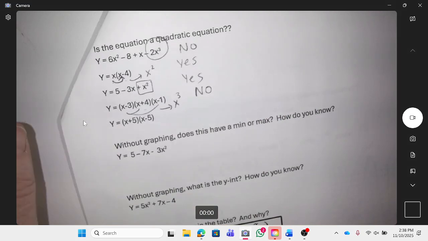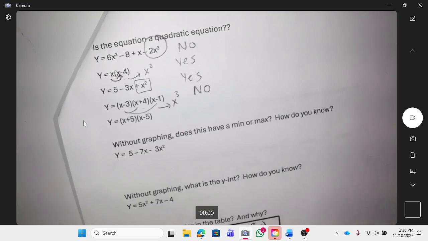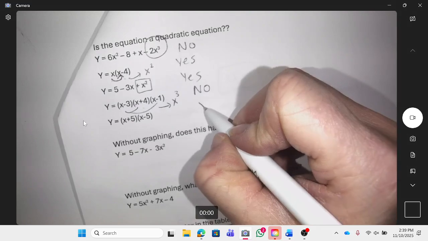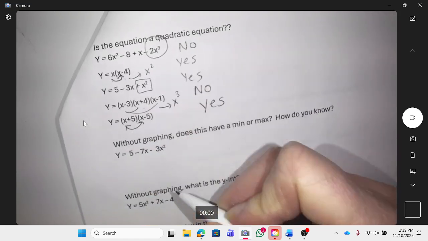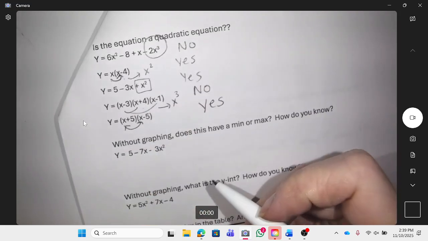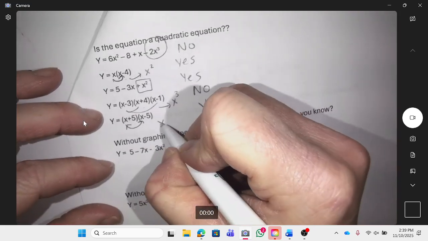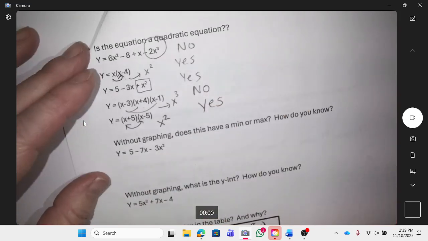Because 3x is getting multiplied somewhere, right? And then the last one is a yes. Because the multiplication, when I FOIL it out, will produce an x squared.